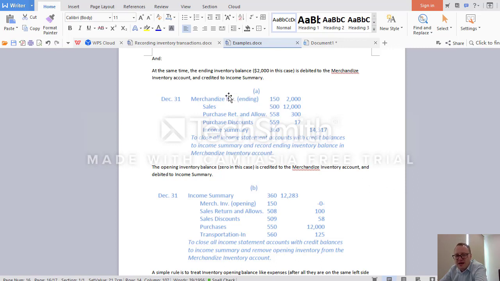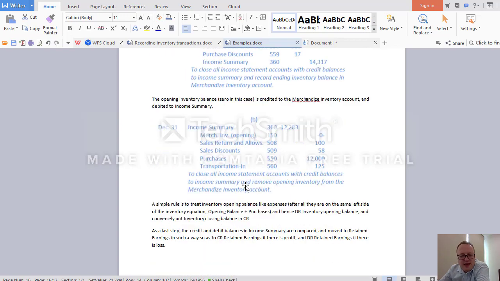But you must include opening inventory and ending inventory. The simple rule is to treat the inventory opening balance like expenses.